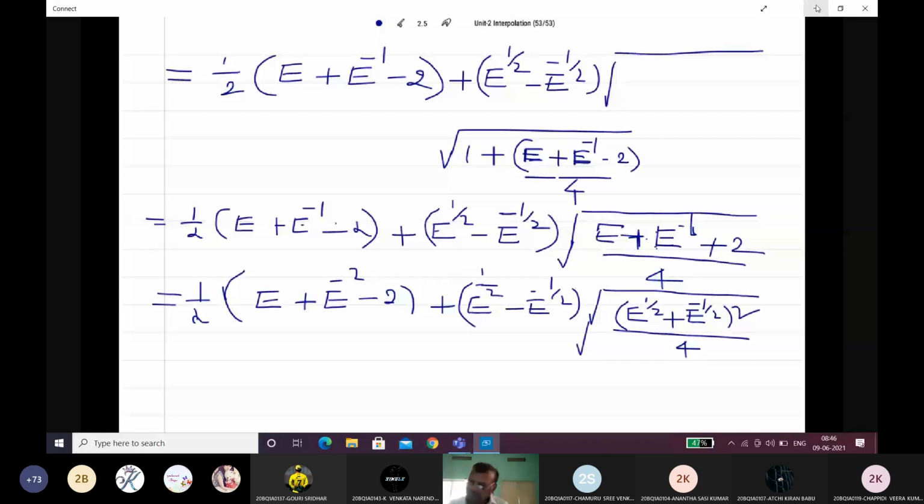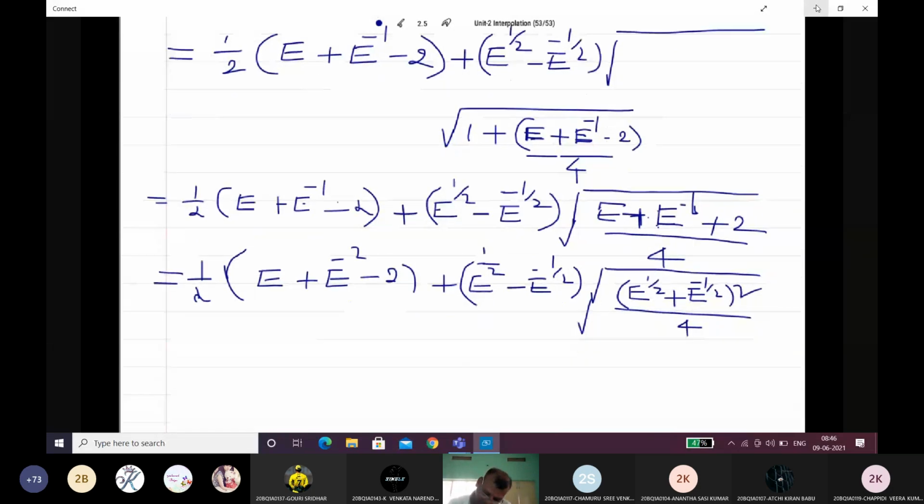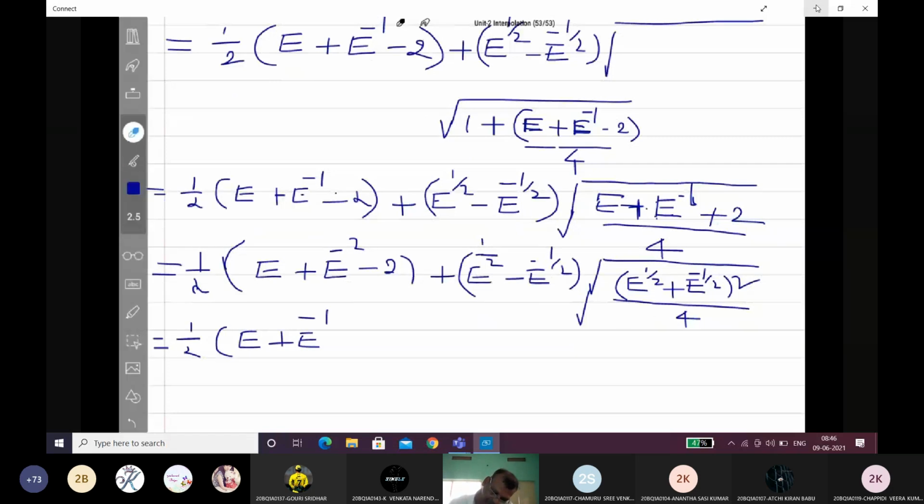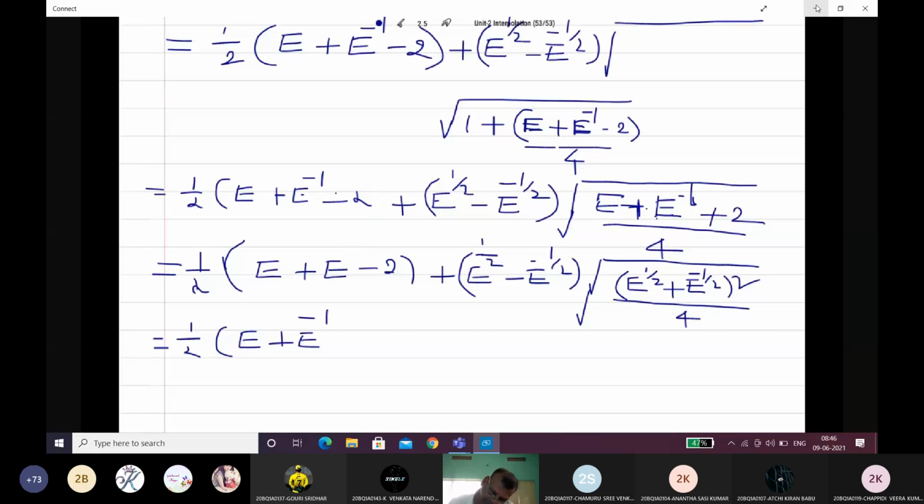Now eliminating the root, next step, that is equal to 1 by 2 of e plus e power minus 1 minus 2 plus e power 1 by 2 minus e power minus 1 by 2 into e power 1 by 2 plus e power minus 1 by 2, into 1 by 2.